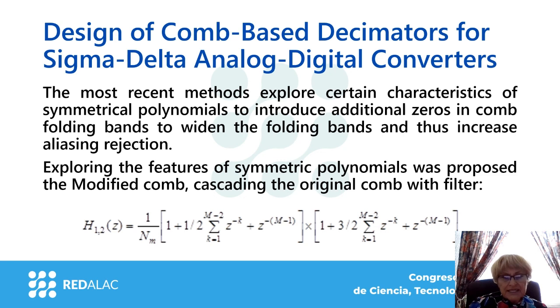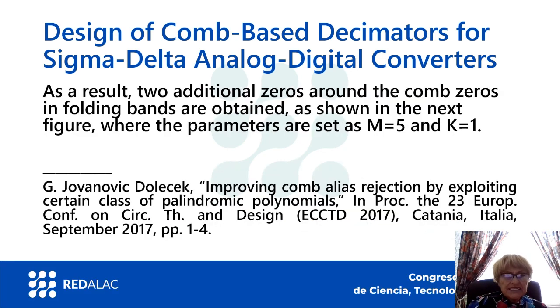Exploring the characteristic of symmetric polynomials, the modified comb was proposed, cascading the original comb filter with filter H12 presented in this equation. As a result, two additional zeros around the comb zeros in folding bands are obtained and shown in the next figure, where the parameters are set as M is 5 and K is 1.